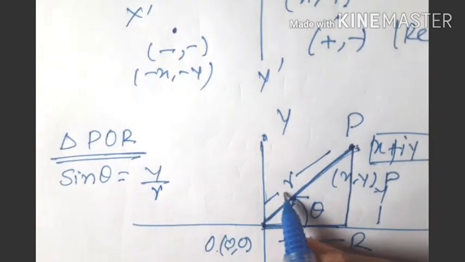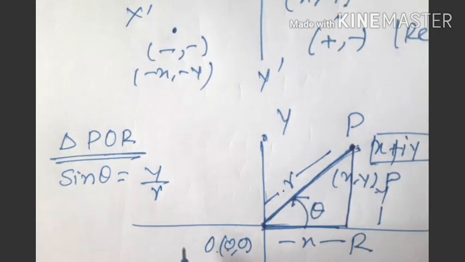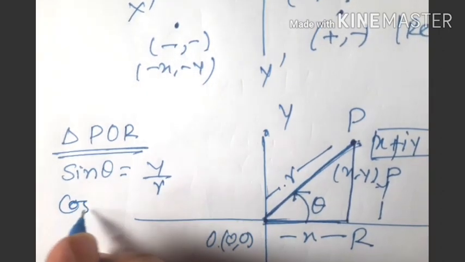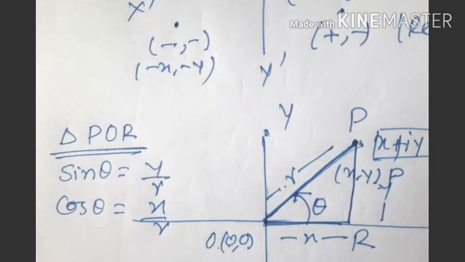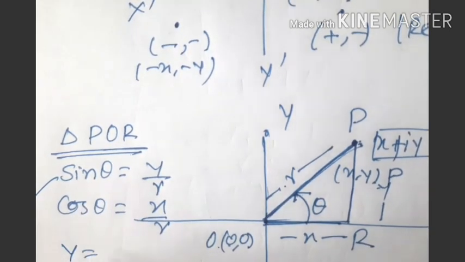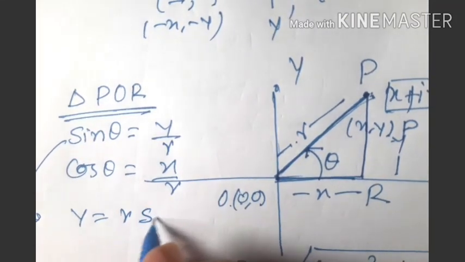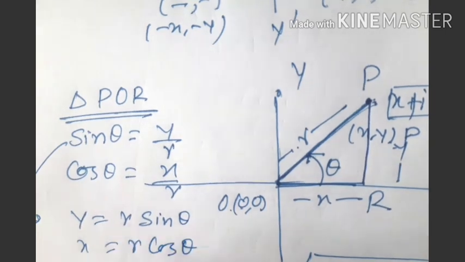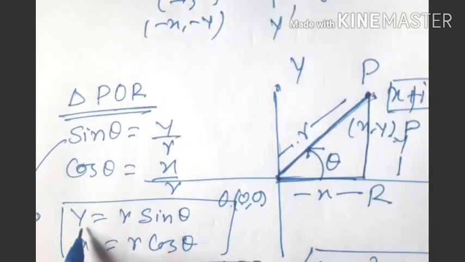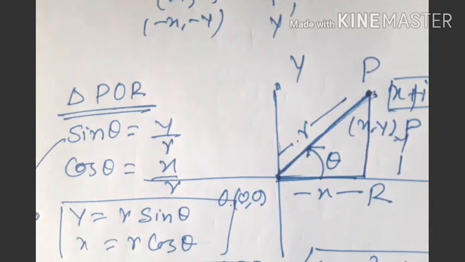This is y by r. r means modulus as well as radius vector, and cos theta equal to x by r. Okay, so from here we can say y equal to r sin theta and x equal to r cos theta.